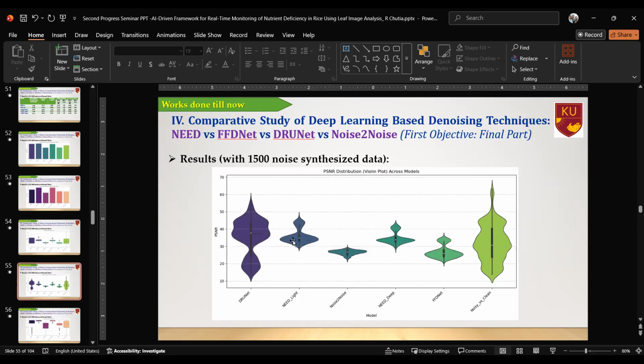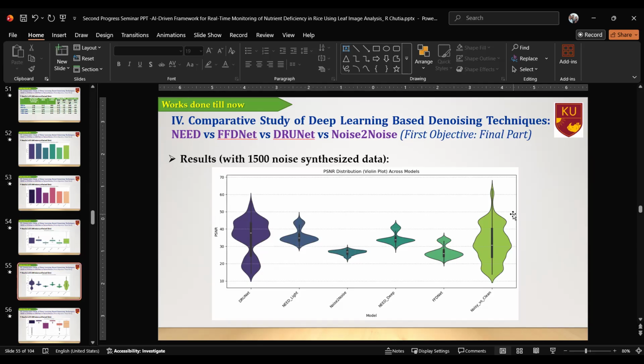Then again, this is the violin plot of PSNR distribution, where in case of DRUNet it is distributed from around 10 to 60, but in case of NeED-Light and NeED-Deep, it is confined to a range within 25 to around 50.